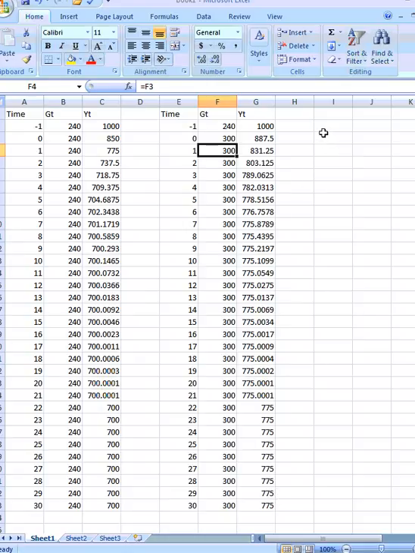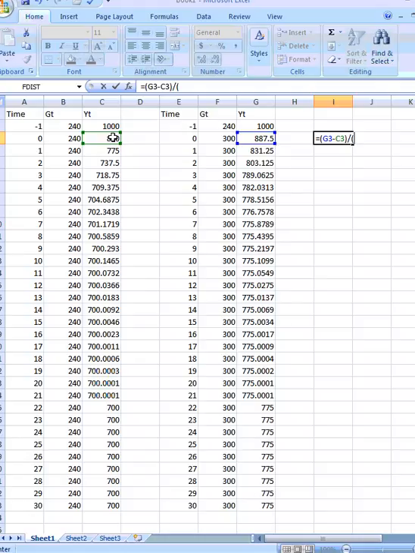The short run multiplier equals the change in y, which is the new y minus the old y, divided by the change in government, which is the new g minus the old g. Note, you have to have the parentheses, otherwise it will not calculate correctly. That's a short run multiplier.